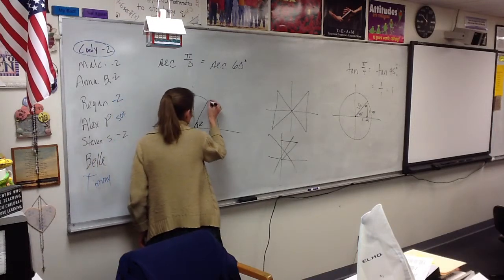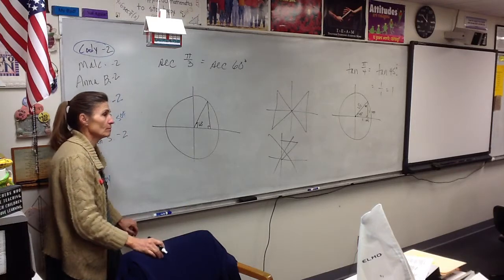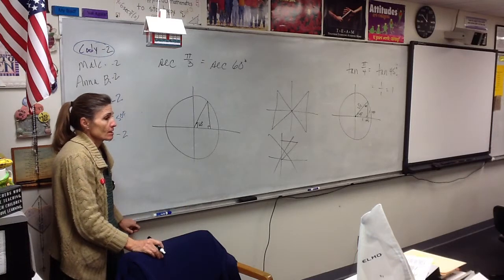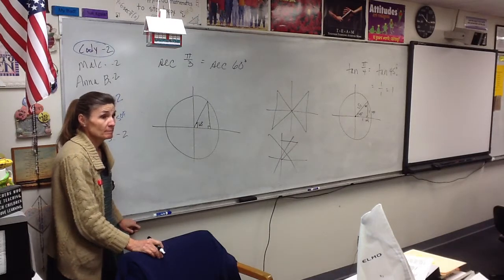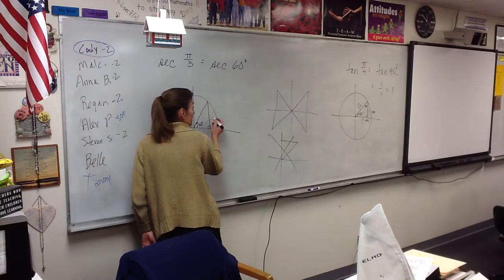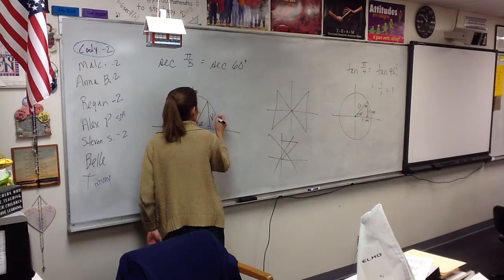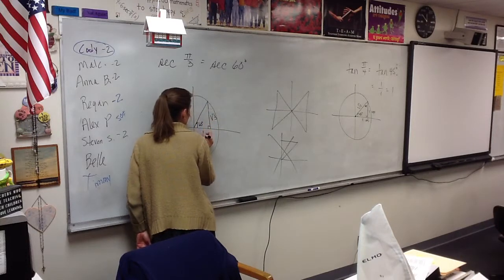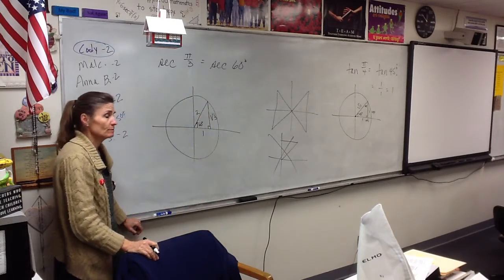Make my triangle, drop that perpendicular straight down, perfect. Now at this point, you ought to be able to label the sides. What goes across from the 60? Root 3. Across from the 30 is 1, and the radius or the hypotenuse is 2.